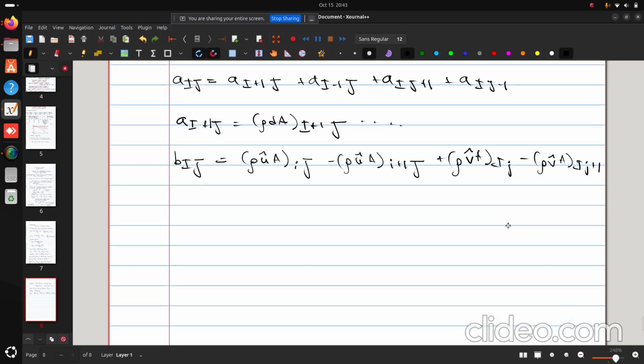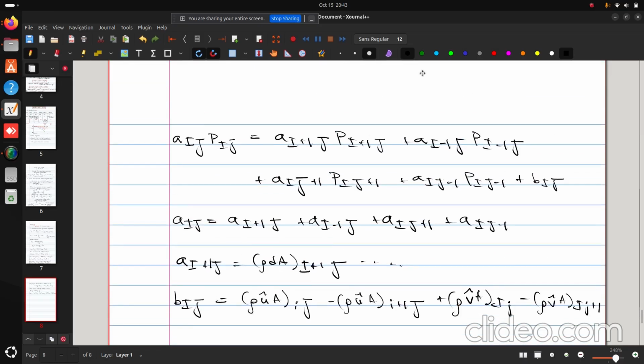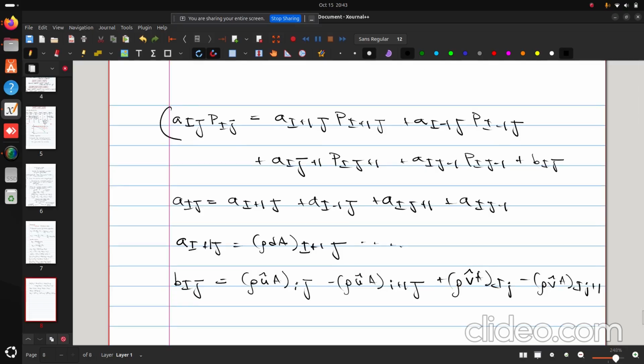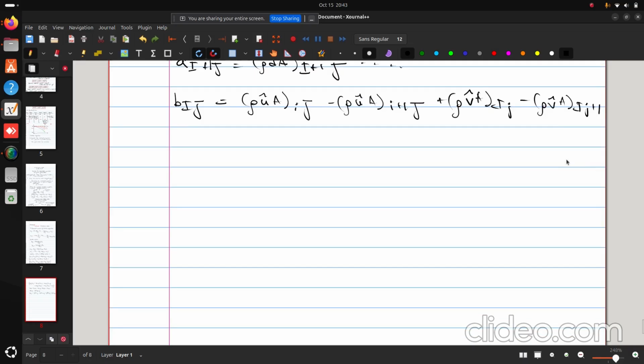Okay, so you have to note that the coefficients of this equation are the same as those of the pressure correction equation that we derived for the simple algorithm, right?